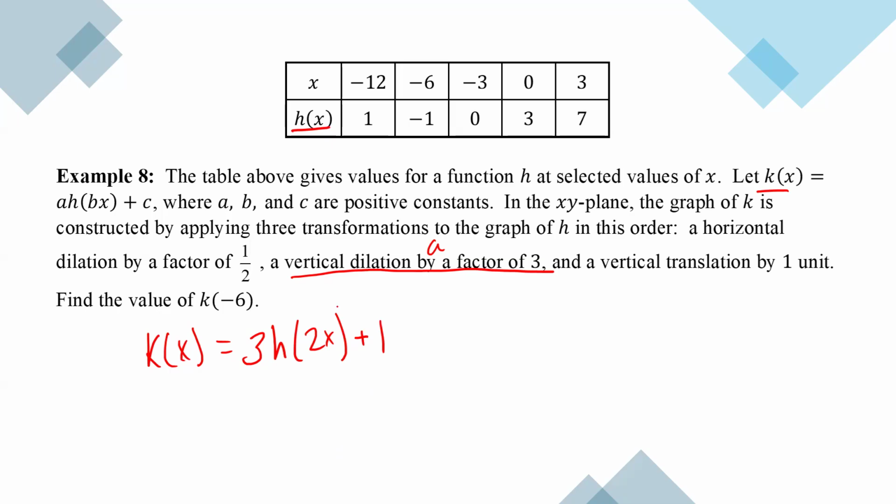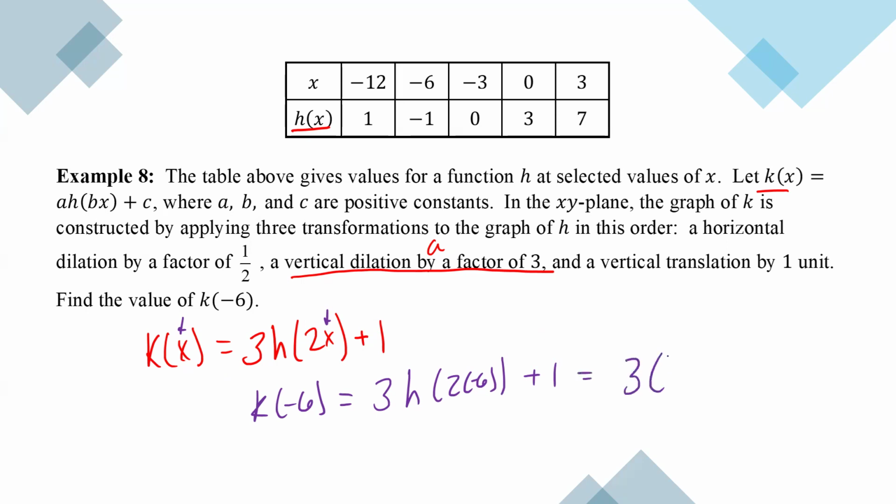All right. So now we're going to talk about how to evaluate from here. If it gives me a value, so it says k of -6, that means we can evaluate k of -6. Where -6 goes means that it's now replacing your x. So it becomes 3 h of 2 times -6, plus 1. What is 2 times -6? -12.